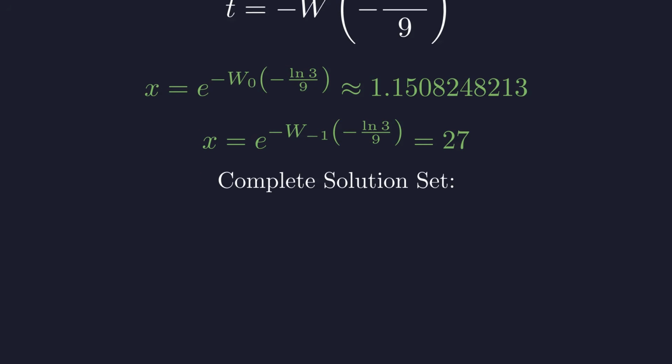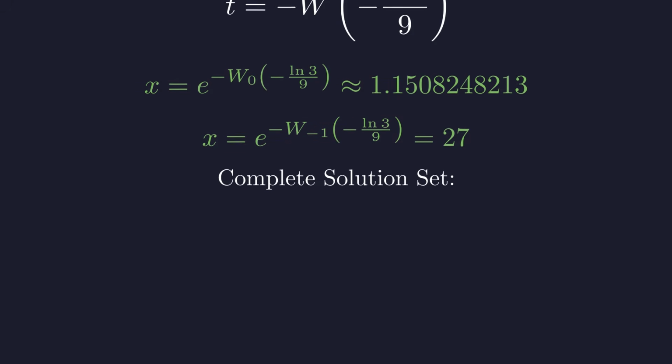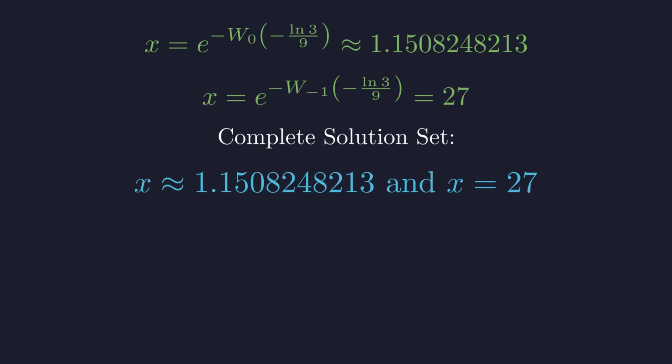In summary, the equation 3 to the x equals x to the 9th has exactly two positive real solutions. x approximately 1.15082482213 and x equals 27. The integer solution emerged from our elegant symmetry transformation, while the exact forms involve Lambert W functions.